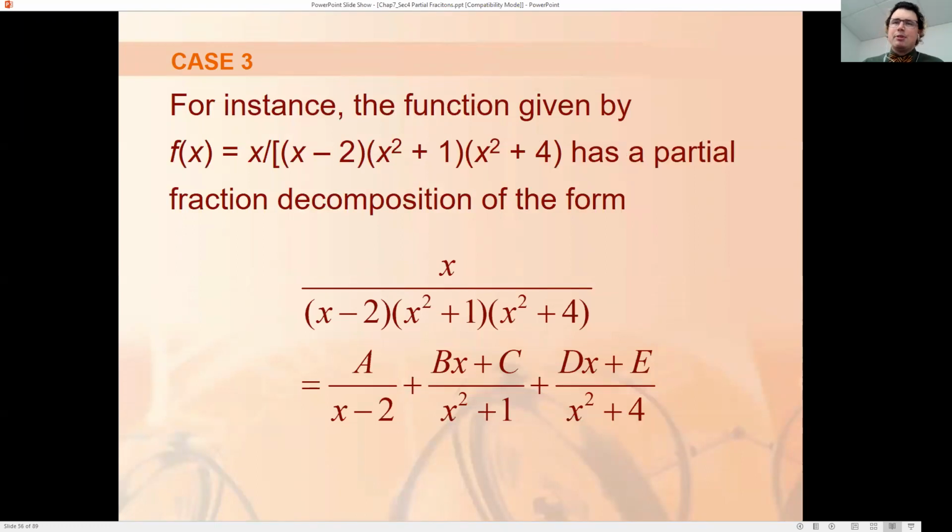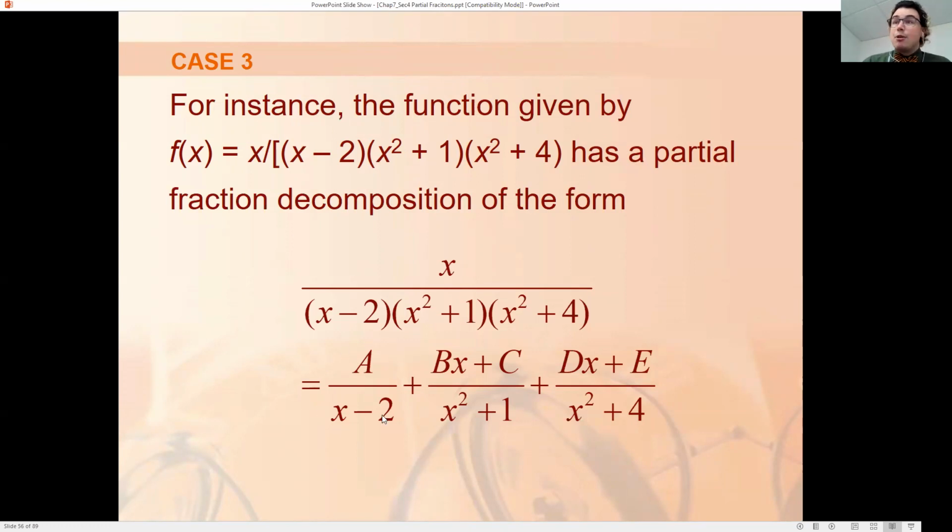Let's take an example. My example function is f of x is numerator x, denominator in factored form is x minus 2, x squared plus 1, x squared plus 4. What's going to happen is that each of my quadratic terms gets its own partial fraction, the exact same way that each of my linear terms gets a partial fraction.